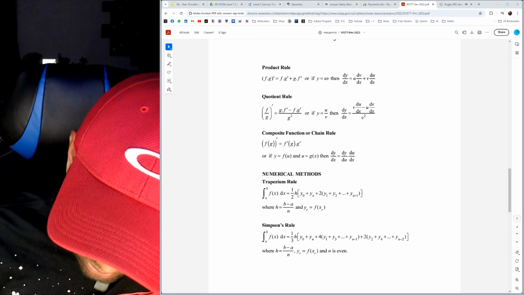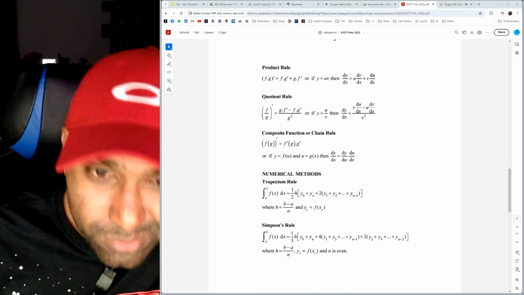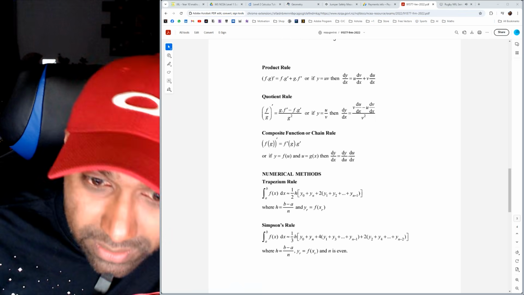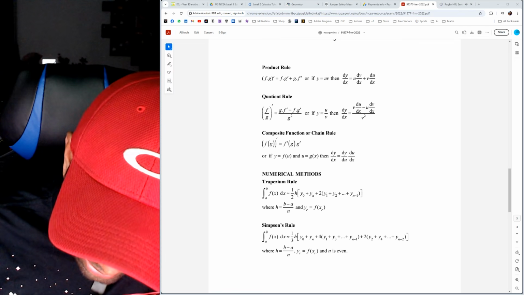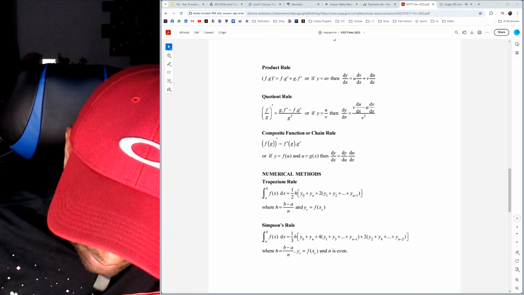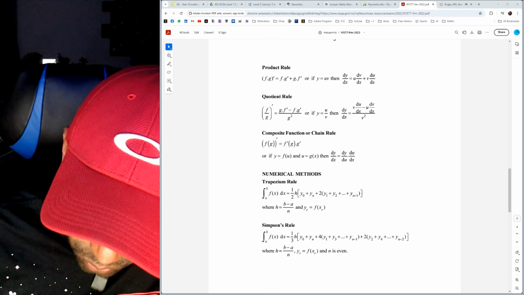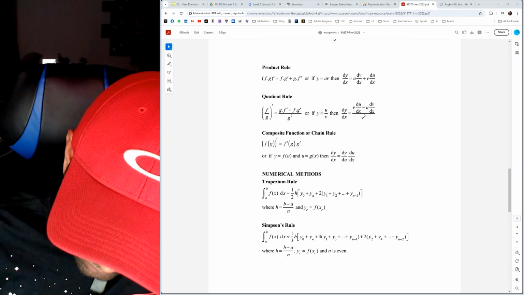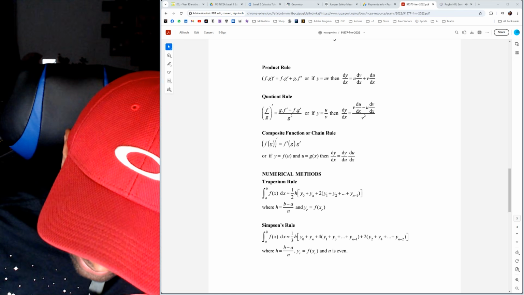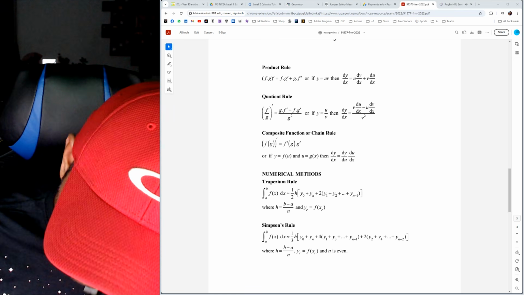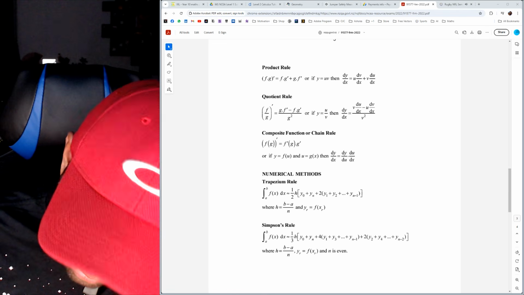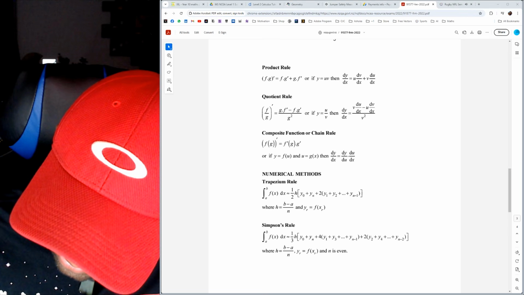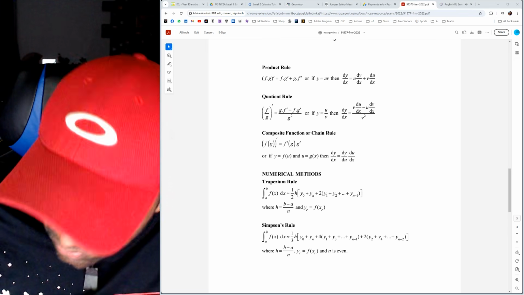So we've got b minus a. We'll figure it out. 1/3 of h, and then y0 plus y4 is what we have, plus the odd ones, 4 times y1 plus y3, that's the odd ones, plus 2 times y2, and then h is b minus a over n.